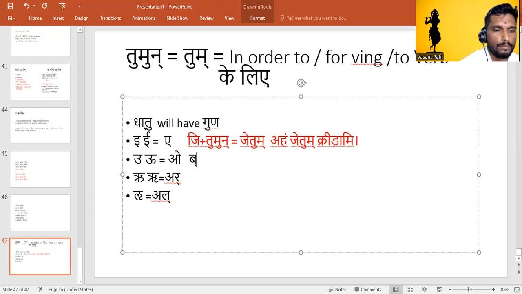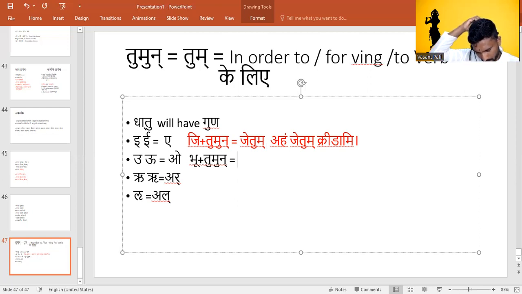Bhu. Bhu is the dhatu. Bhu bhavati. So ending in U. I want to add tumun pratyaya. So bhu will become bho and it will change into ava. Oh, there are a few more rules for this. It will become bhavitum.